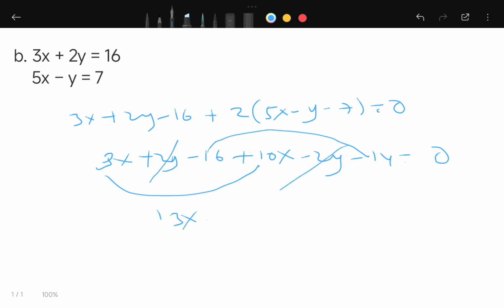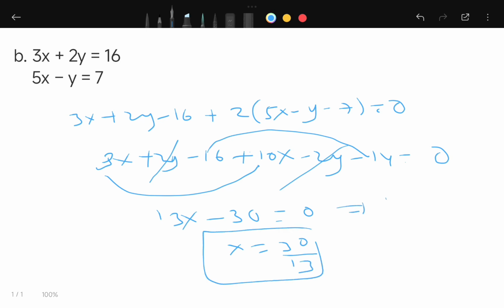Minus 16 minus 14 is minus 30. 13x equals 30, which implies x equals 30 by 13.